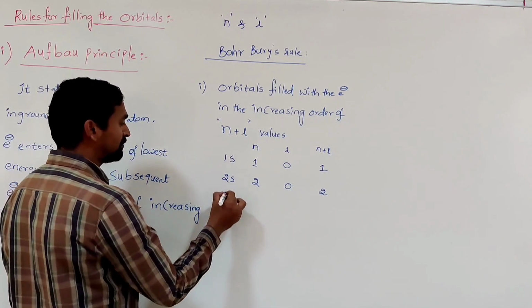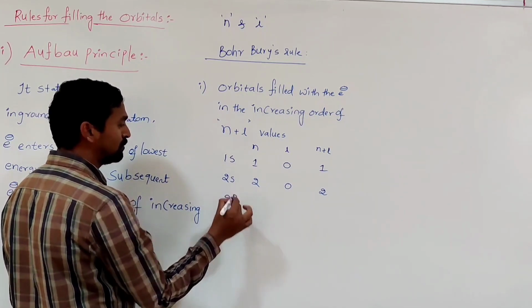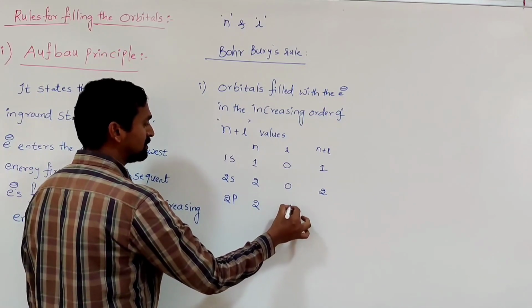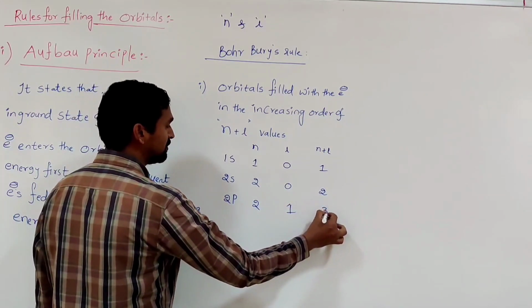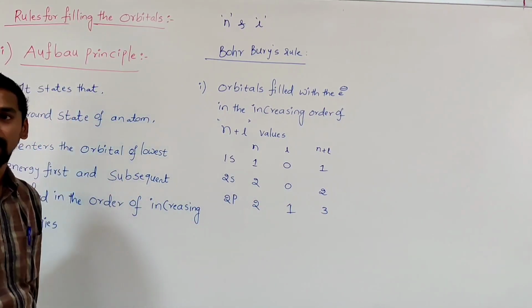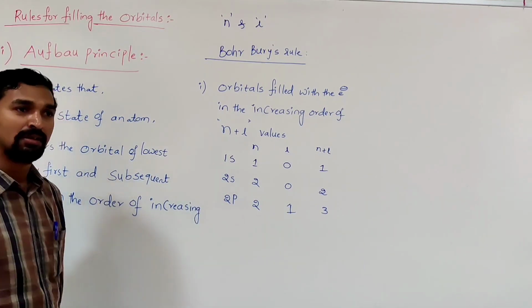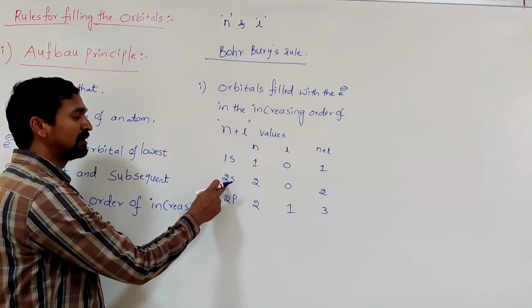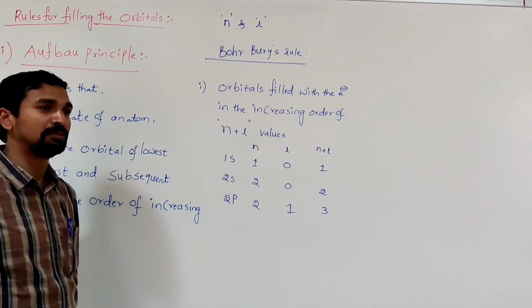Next, after the 2s, suppose if you write 2p, then n is equal to 2 and here l is equal to 1, then 2 plus 1 is 3. Among the 2s and 2p, the 2s orbital is having the lower energy. That's why first electrons are entering into the 2s orbital. After that, the 2p subshell.